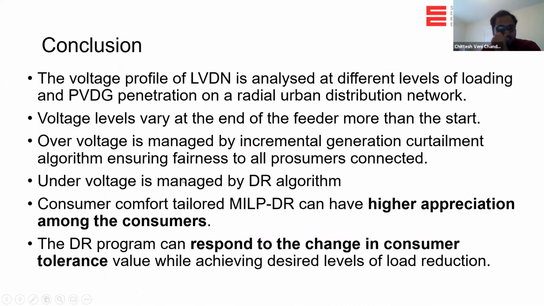Now, the conclusion here is that we can utilize demand response or any kind of active power management algorithm to control the voltage in a distribution feeder. The bottleneck for this algorithm is that it needs a reasonably accurate generation profile as well as load profile. If we have them, we can feed them to the algorithm and know at what time we are required to do a generation curtailment, and at what time we are required to do a demand response.